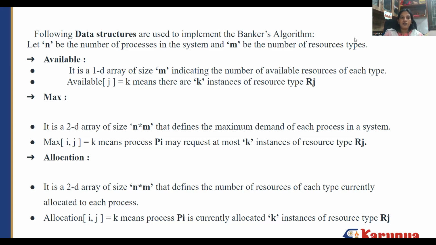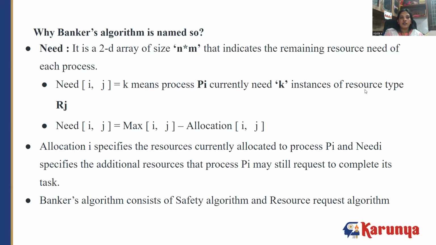Okay. And for need, it is a two-dimensional array of size n cross m that indicates the remaining resource need of each process. Where K means process Pi currently needs K instances of resource type Rj. To find the need, you will have to do max minus allocation.